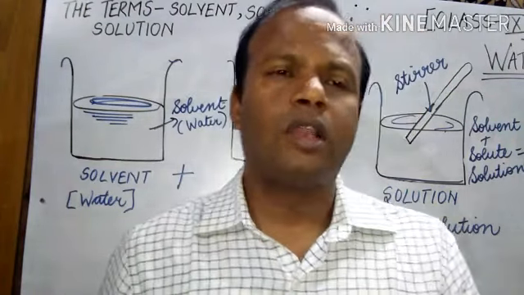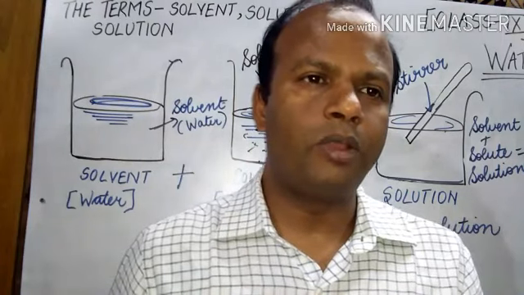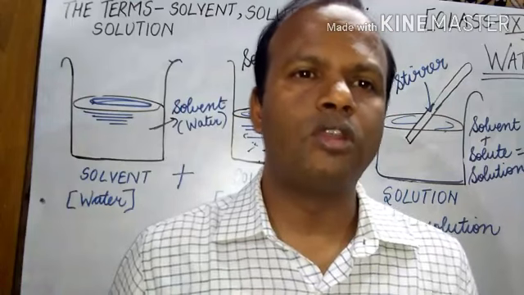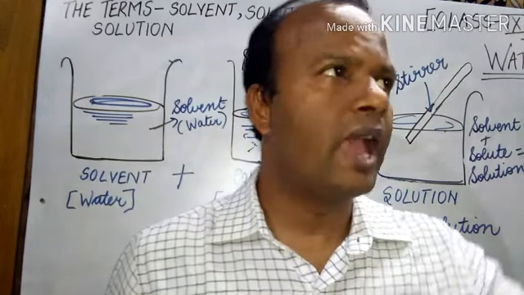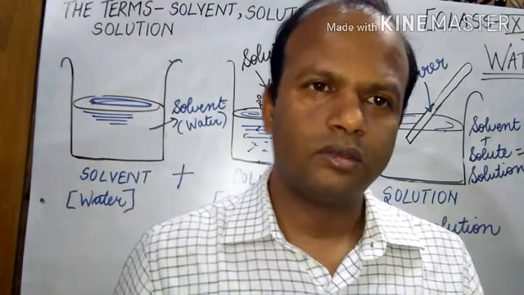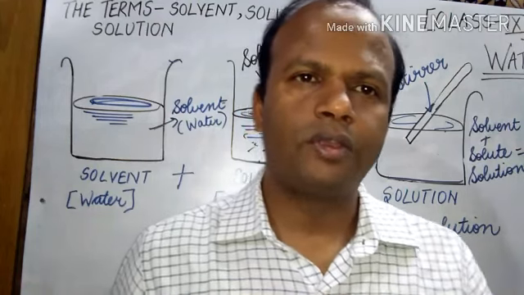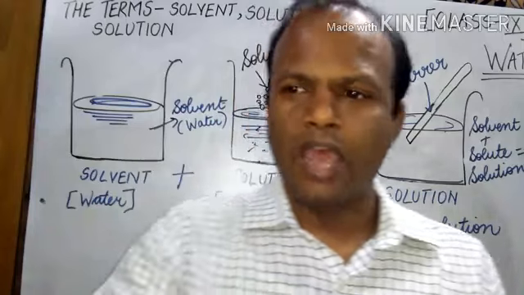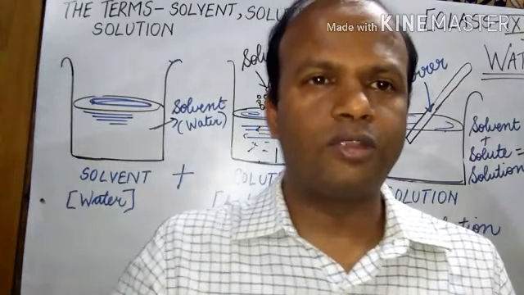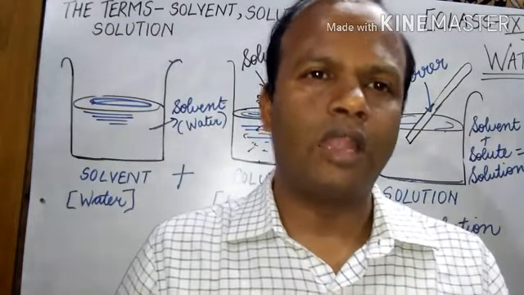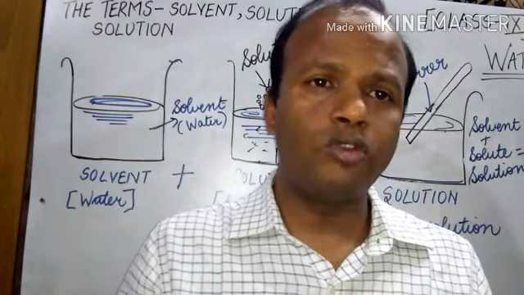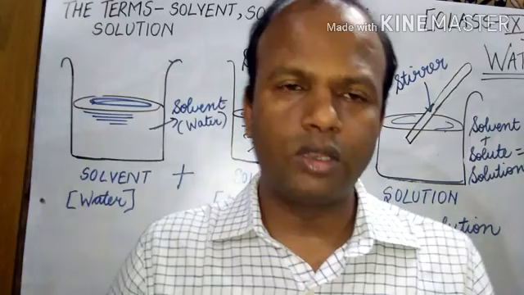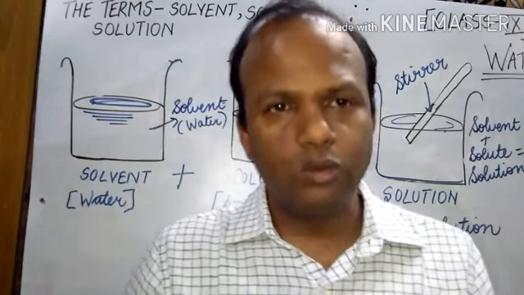But let us take some examples. For example, solid alloys. So alloys is the example of solid solution. Gas, air, it is of gas. Then we have soft drinks, cold drinks, gas mixed in a liquid. So we have that type of solution. Then suppose an acid mixed in water, so we have liquid solution.